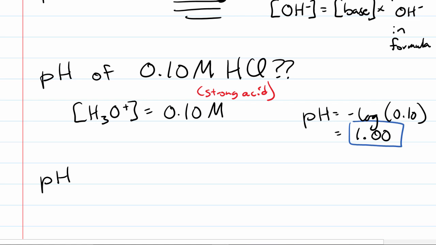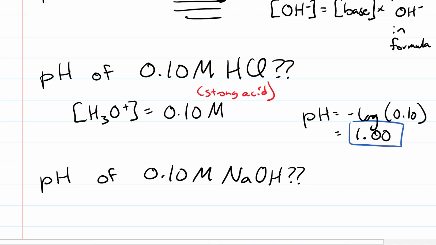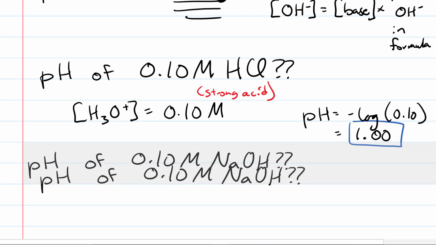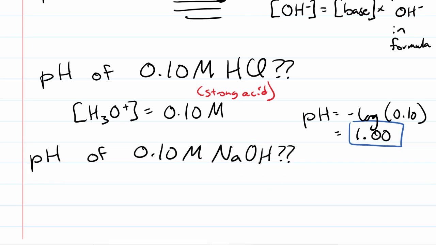We want to know what is the pH of 0.10 molar sodium hydroxide. Well, if we want to know the pH of 0.10 molar sodium hydroxide, we need to first be able to classify sodium hydroxide. Sodium hydroxide would be classified as a strong base.